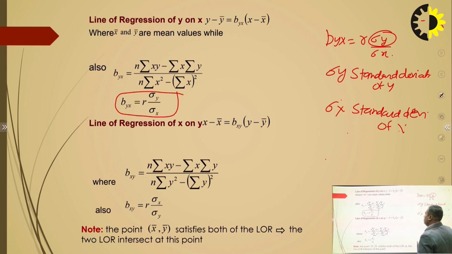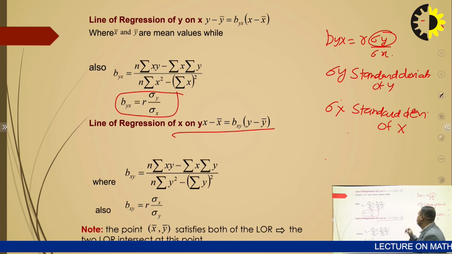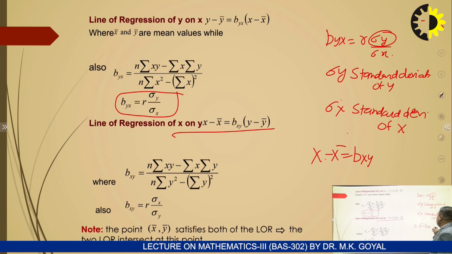Similarly, the regression line of x on y is given by x minus x bar equals bxy times y minus y bar.